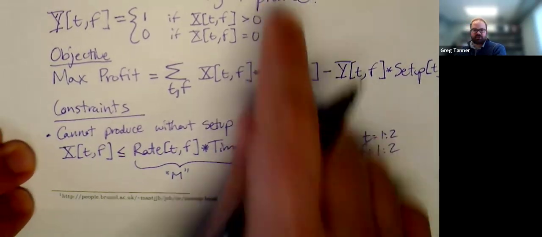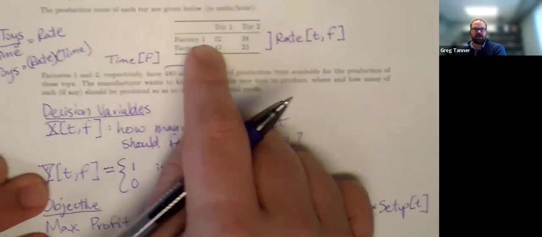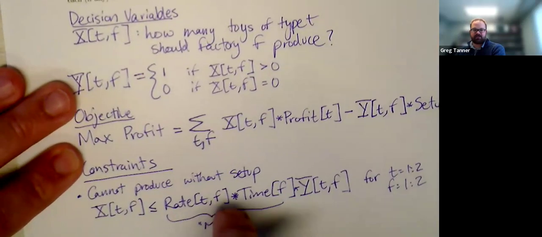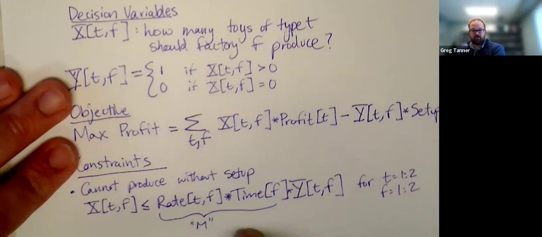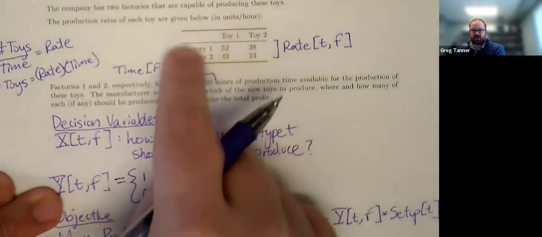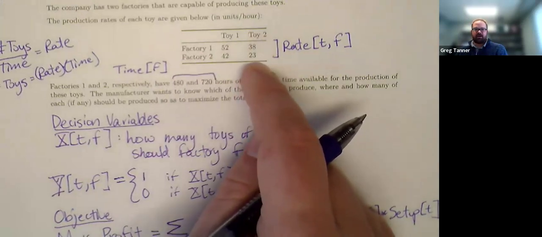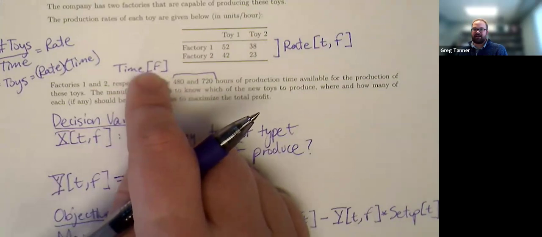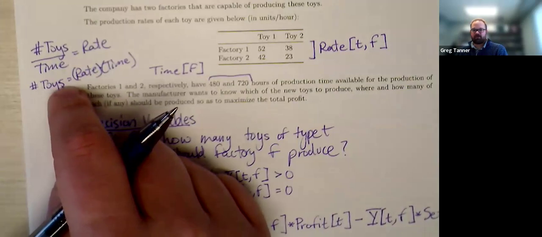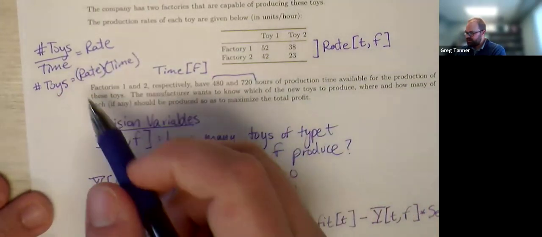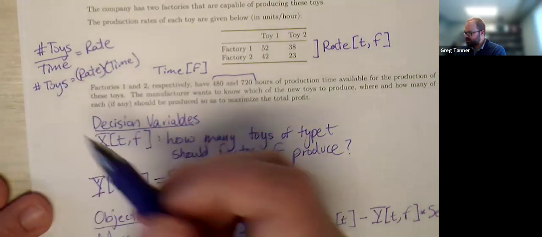Okay, now let's actually return to this table and think about, well, we have limited time here, and we're not actually assuming that we'll hit these maximums here by only producing the one toy in the factory. There is the potential that we might make more than one toy in a factory. And so we've got to put production limits in here, in that if we try to produce 2 toys in the factory, they've got to share this time. Okay, and so in that case, we might need to rearrange this formula one more time, and that is that time is equal to, let's divide rate over the other side, toys divided by rate.